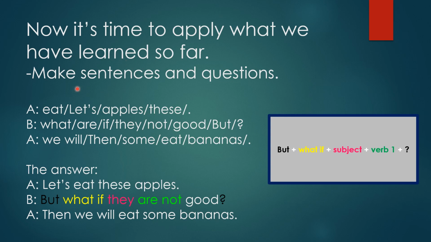Let's make sentences and questions out of these words. These words are put in random order, and you have to put them in the correct order. As I always tell you, put the form next to you when you are answering, so you can form a correct sentence.